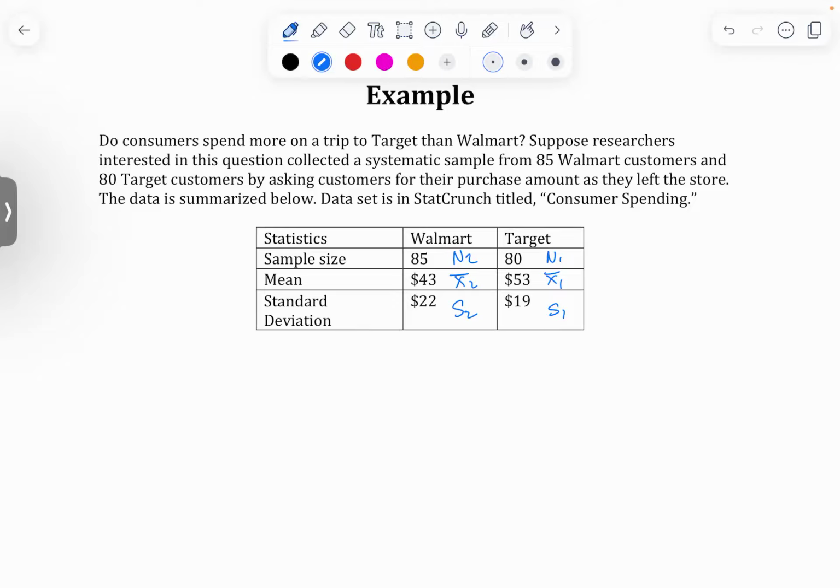When I identify them, I'm going to use notation that makes the most sense. Walmart, how about W, and Target, I'm going to identify with T, when I actually create my hypotheses in context, which is always where we start. Identify info is first, but the info is very easily identified.